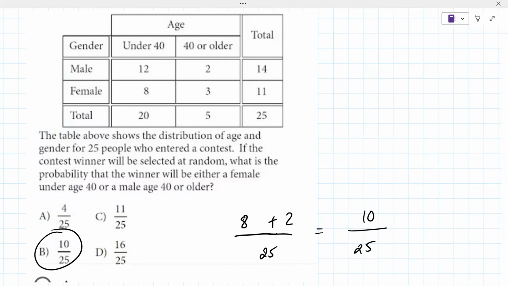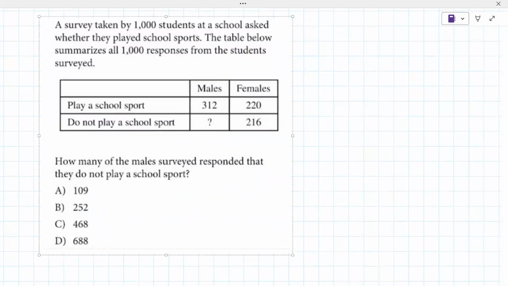Okay. We'll make this our last problem for today. I'll give you about a minute to just look it over, and then if you need some assistance, I'll jump in.